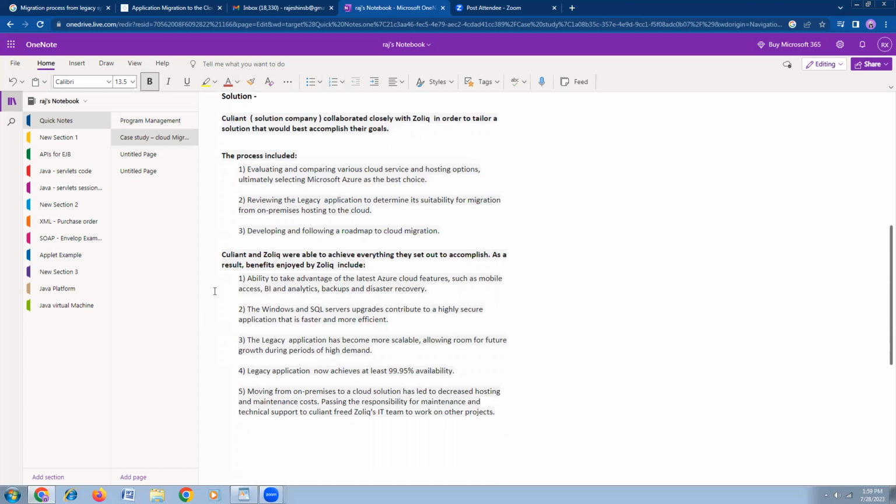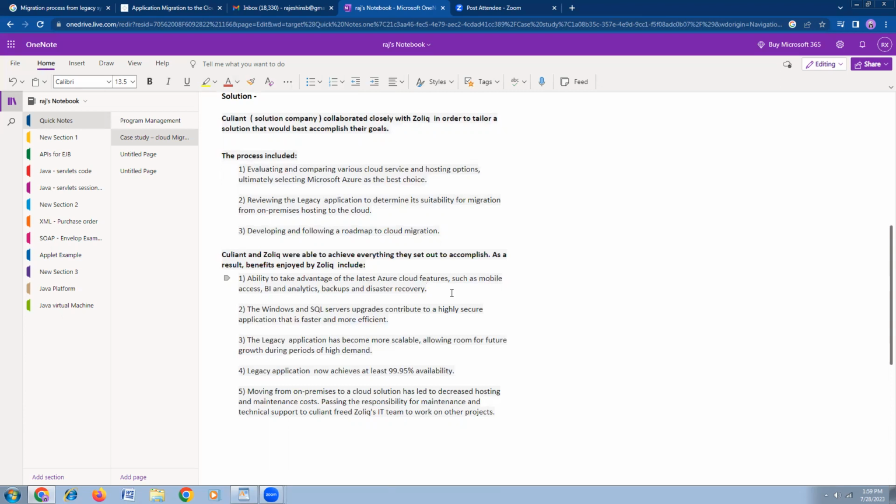Now, what was included? The ability to take advantage of the latest Azure cloud features such as mobile access, BI analytics, backups, and disaster recovery. Because Azure is a cloud service provider, as I said, it has different features.